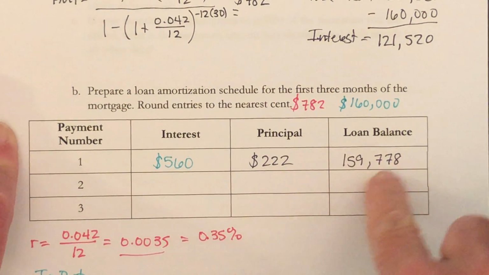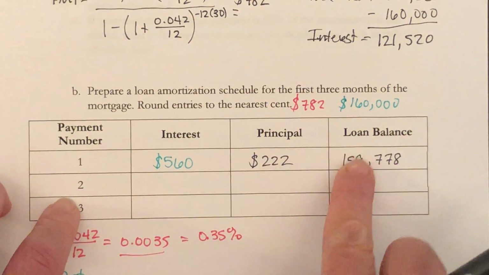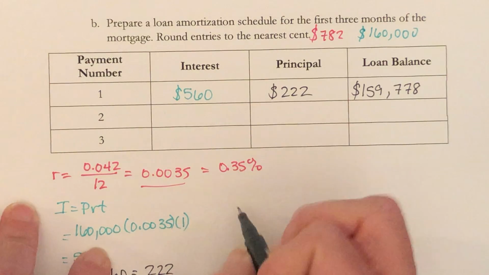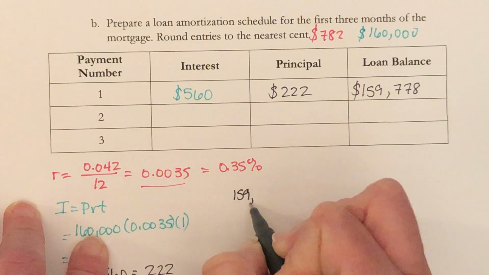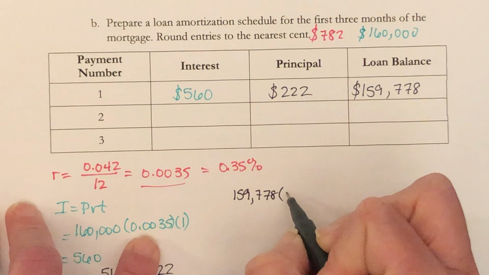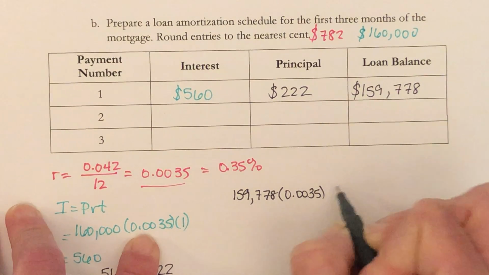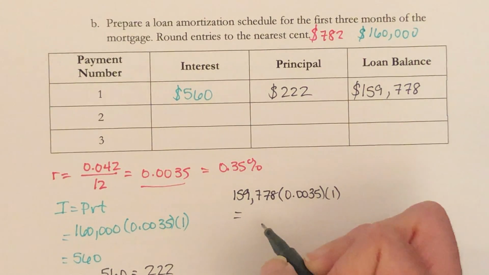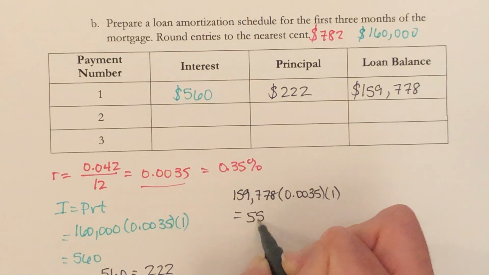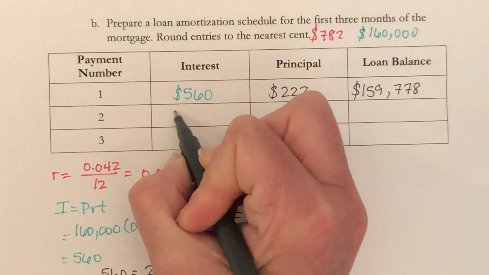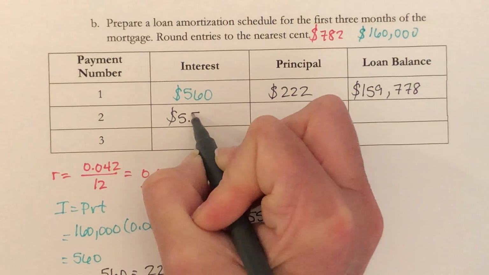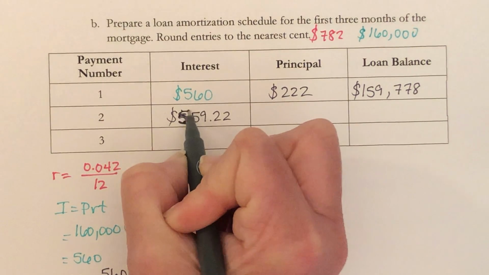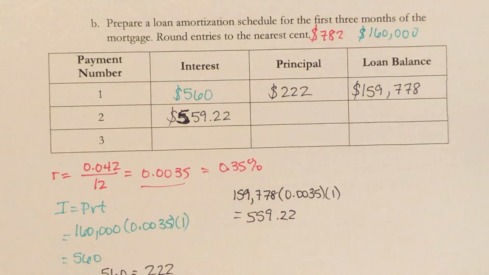Now we repeat this process, but now instead of using the 160, we're going to use this value. So for month 2, I'm going to do the same calculations: 159,778 times 0.0035 times 1, which is going to give us, rounding to the nearest cent, 559.22. Notice it's a little bit less in interest.